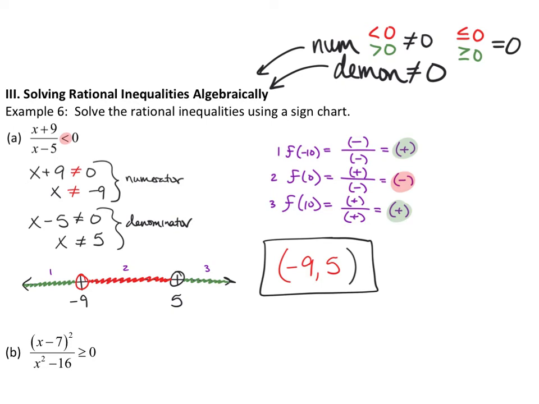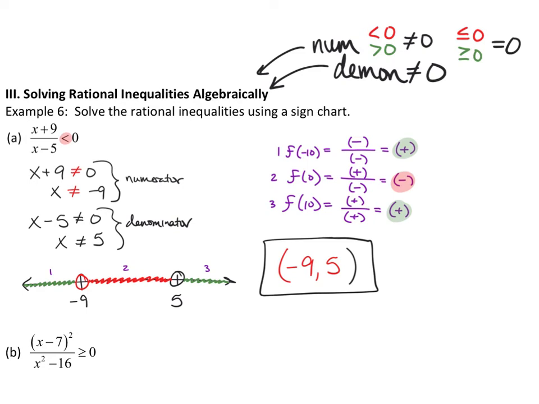It's a lot of repeated words. Does that make sense? If the question is asking you either greater than or less than, don't make the numerator equal to 0. If the question is asking you for it to be equal to 0 in either direction, you're going to make it equal to 0. Is that clearer? I think. Hopefully I didn't confuse you.